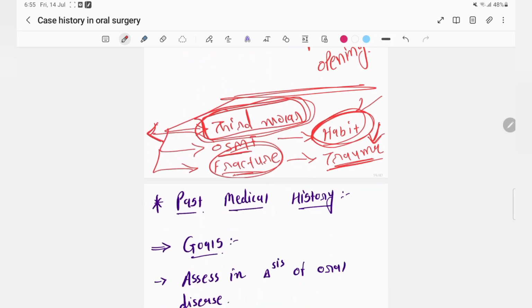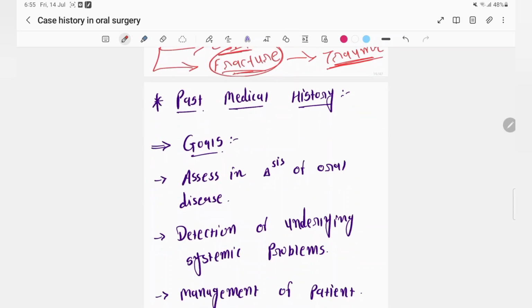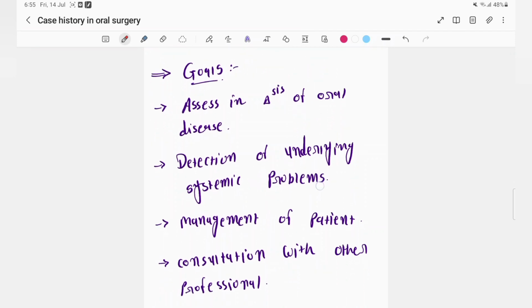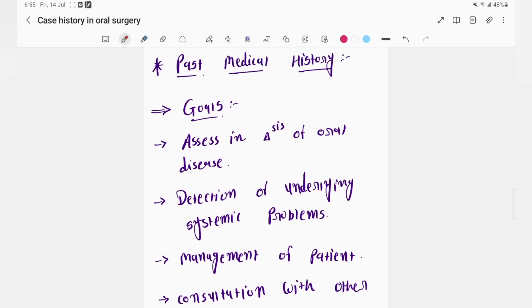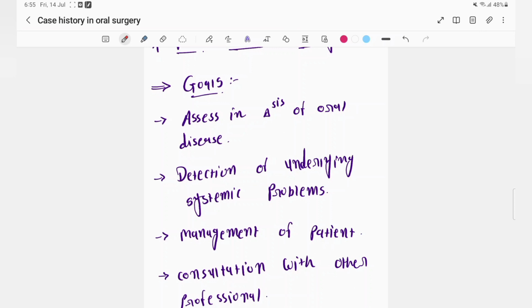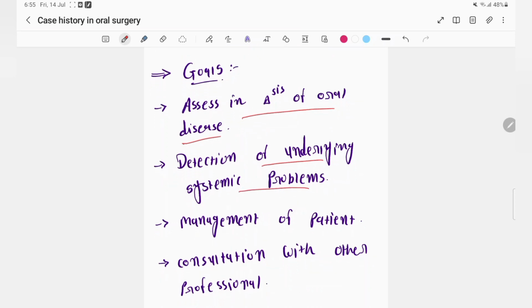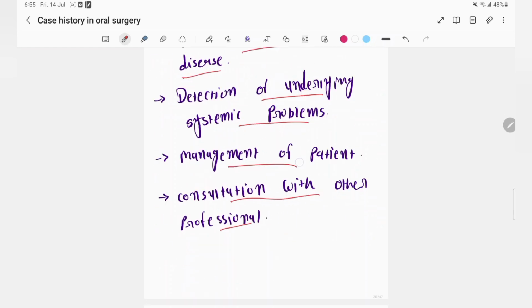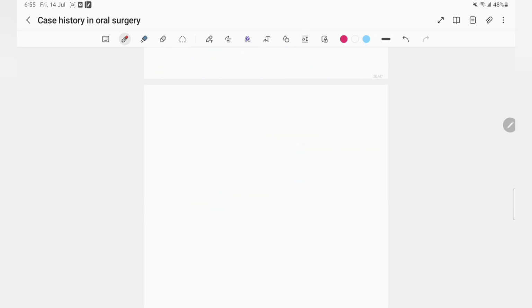Now moving to the past medical history. So what are the goals of medical history? To assist in diagnosis of oral diseases, detection of underlying systemic problems, then management of the patient, and the last is consultation with other professionals. So in medical history, you have to record any serious disorder or any disease related to any system.